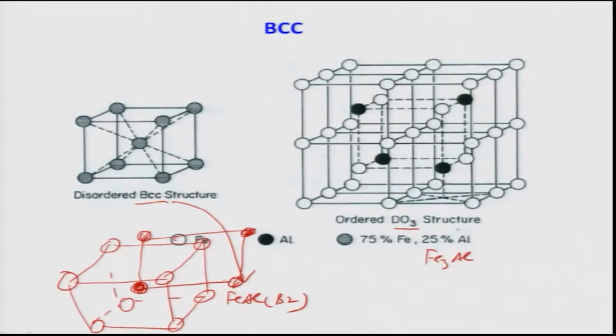So, what I mean to say is that in an ordered structure we can define sublattices. One sublattice is occupied by the iron atoms and the other sublattice is occupied only by the aluminum atoms. So, the B2 structure is nothing but two interpenetrating simple cubic unit cells, one occupied by the iron atoms, the other occupied by the aluminum atoms. You can always think of it that way.